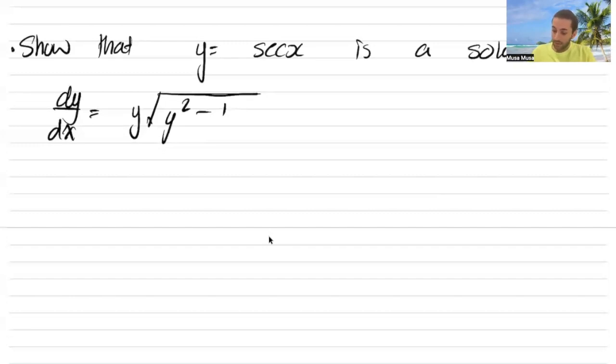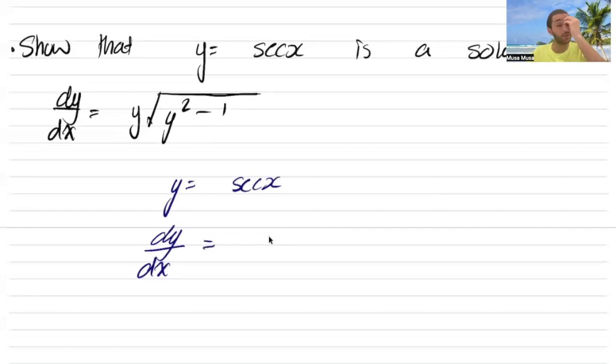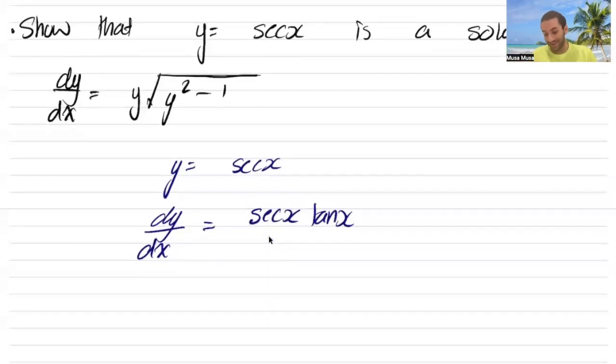Now, if y equals sec x, dy/dx is going to equal, what's the derivative of sec x? You should probably know this. It's sec x tan x. Imagine I said you should probably know this and I messed it up. That would be good to upload. Alrighty. Now clearly it's written in terms of x's.